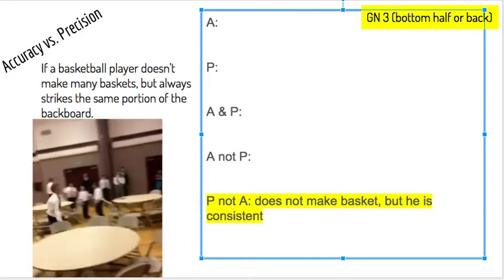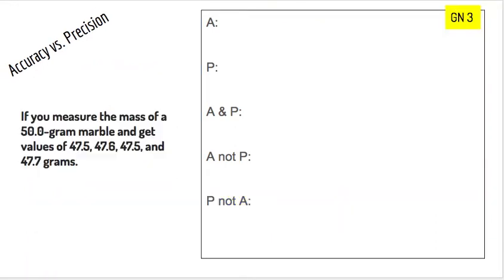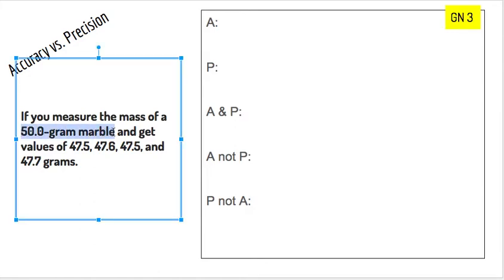Okay, let's look at another example that's a little bit more specific to your experiment. If you measure the mass of a 50-gram marble, so this is our expected value. Our expected value is 50 grams. That's how it was made. We should see 50 grams pop up on our scale.